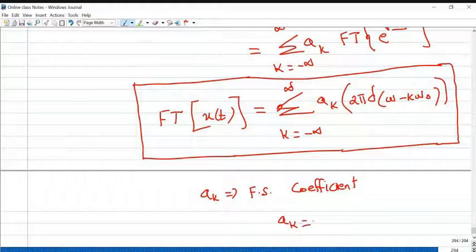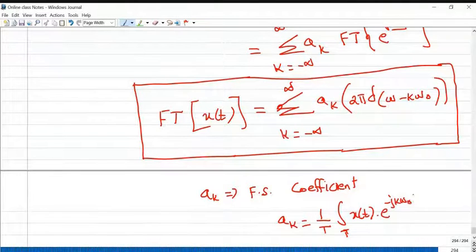So what is the formula for a k? We know already: 1 by T integration over the time interval of x of t e power minus j k omega naught t dt. So using this formula, find a k.